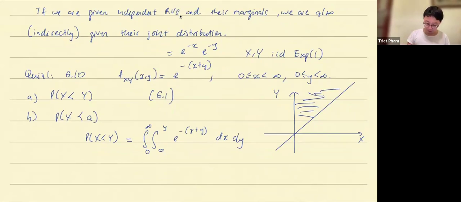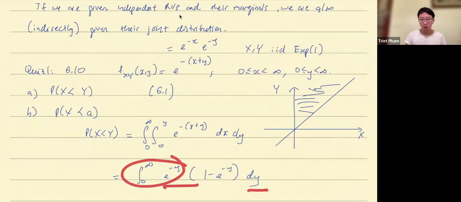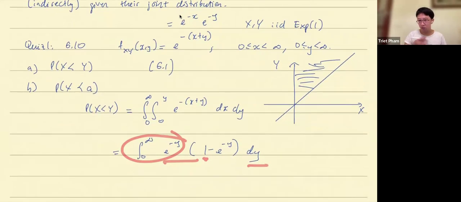And what would this be? Well, you integrate dx, so y is a constant. So it's e to minus y, and the other one is 1 minus e to minus y. Now you look at this one. This is, of course, 1 because it's the entire density of an exponential.